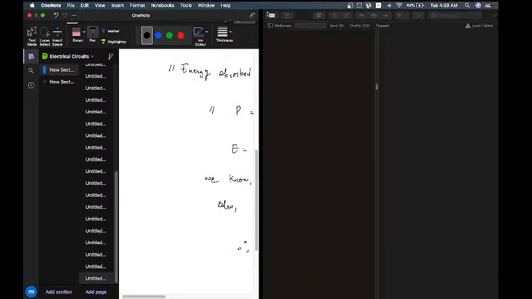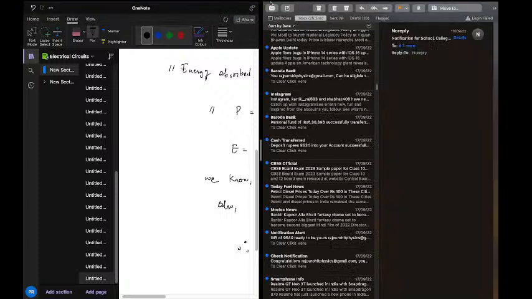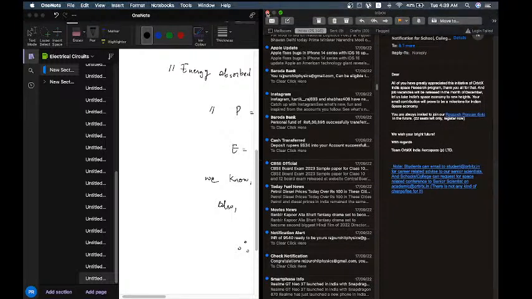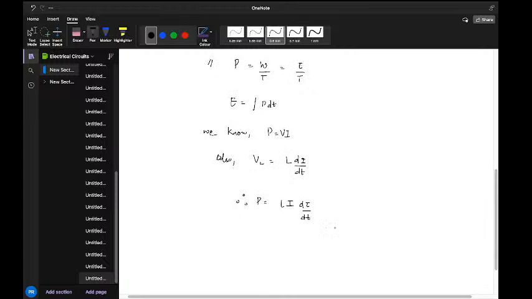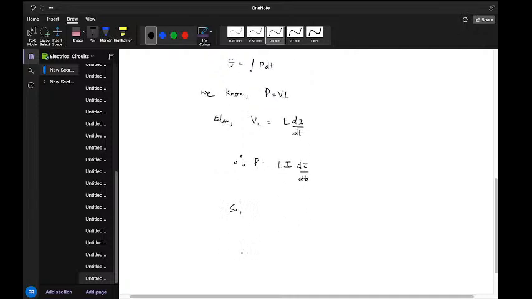It's L times i times di by dt. So E is the integral of L i di by dt times dt. Let's cancel these two terms out, so the energy is simply equal to the integral of L i di.